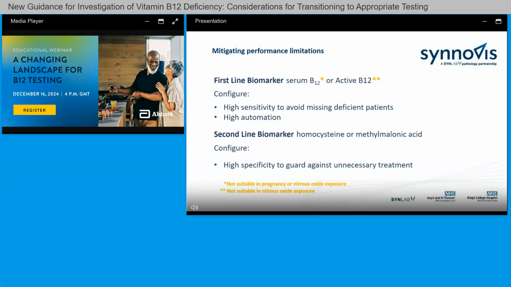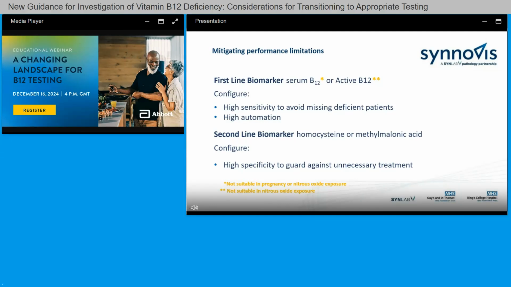It's quite simple. You use a first-line biomarker to screen, if you like, the initial B12 status of that patient. You could use a serum B12 assay or an active B12 assay for that first-line biomarker. You want to choose one of those tests because highly automated assays are available for both. And you want to configure it so that it gives you a high sensitivity for B12 deficiency so that you avoid missing deficient patients.